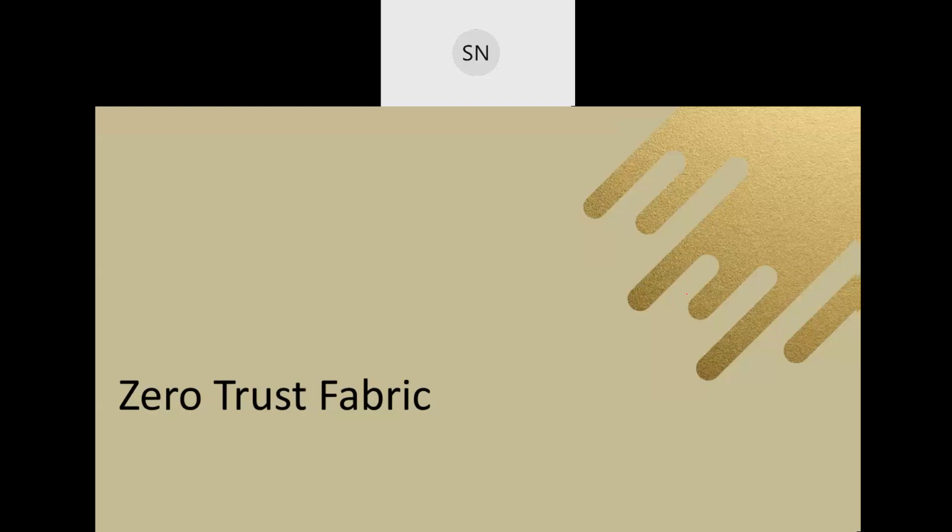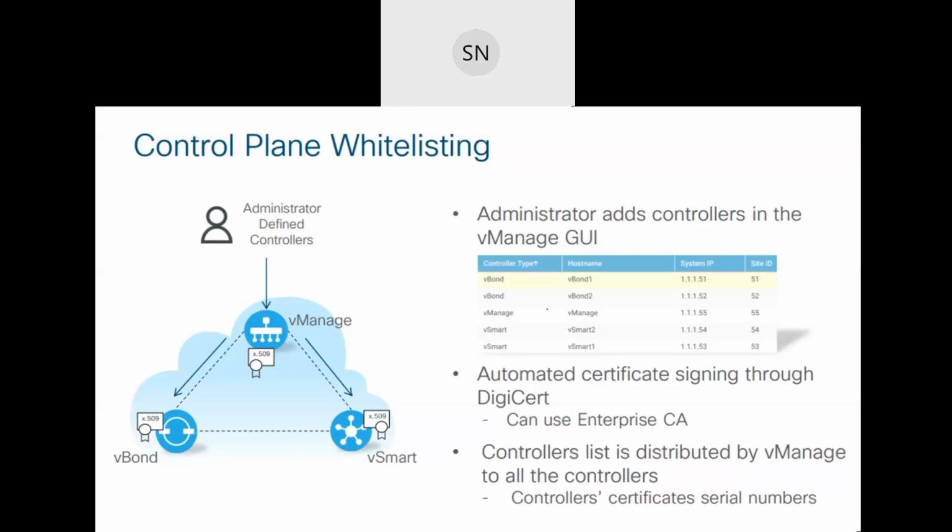Now the vManage and controllers whitelist: first of all, you need to get the signed WAN edge list. This is where I mentioned you need to go to your Cisco Smart Account portal. Under that, if you have multiple virtual accounts, select the virtual account where your individual serial number devices are listed. Download the serial file and upload it to vManage. There is an option to upload the serial file into vManage.